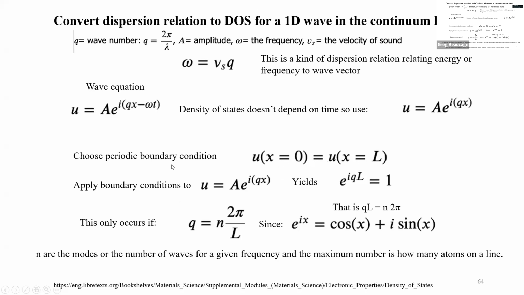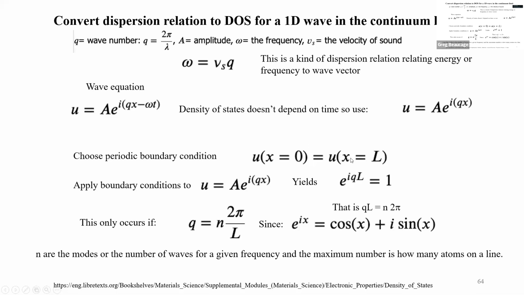But so this is a wave equation, right? And if you say at x equals 0, then this thing becomes 1, and you just have the amplitude for the position at position 0, and then put in position L, and it has the same u. Then you can solve that for what q is.